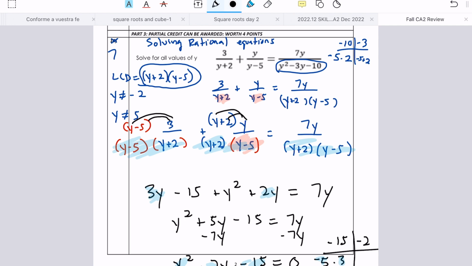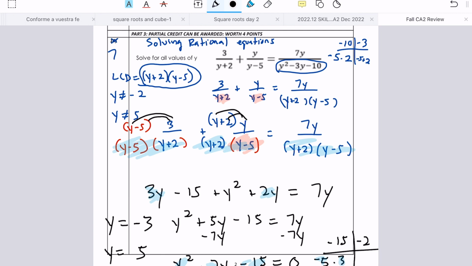We do the inverse. So y is going to be negative 3. Y is going to equal 5. We do the inverse here. The opposite of positive 3 is negative 3. The opposite of negative 5 is 5. Now I go back to my original, because I have to eliminate extraneous solutions.